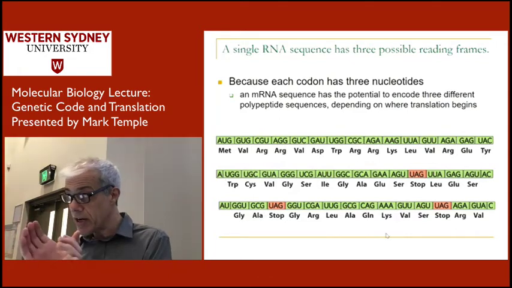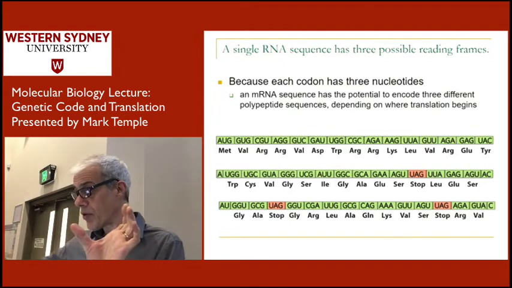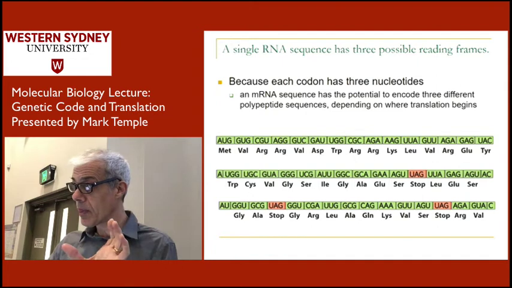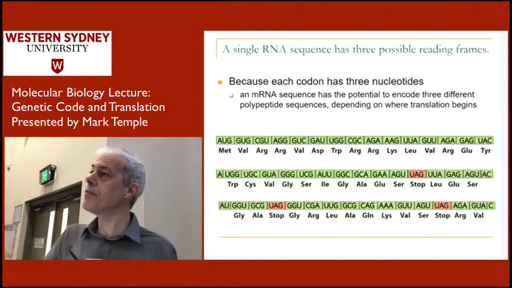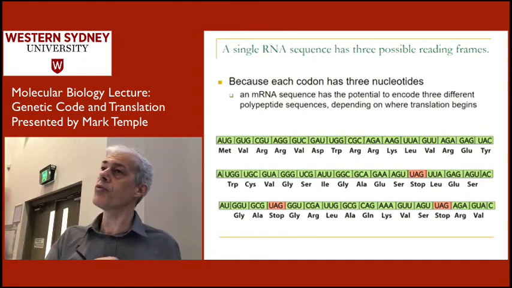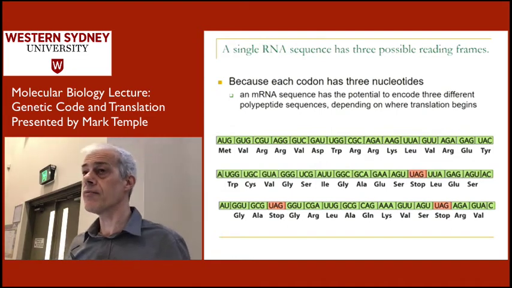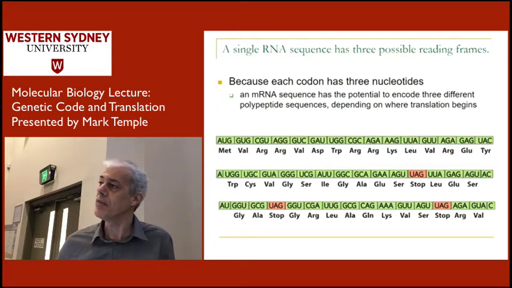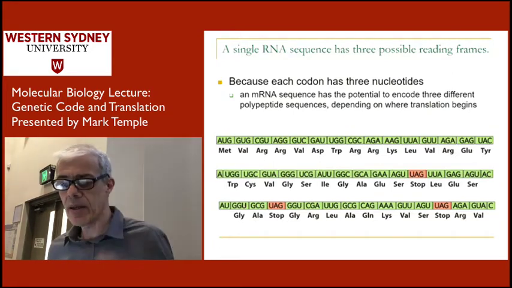Because do you read nucleotides in groups of three, or do you slide along three at a time, or do you slide along one at a time? Okay, these were concepts which you take for granted, that you slide along three at a time. I think you take that for granted, I don't know, but it wasn't known in the 1950s, so they had to do experiments to work this out. Okay?